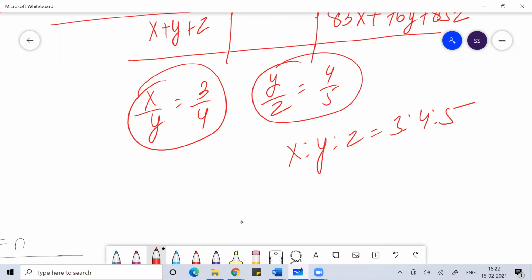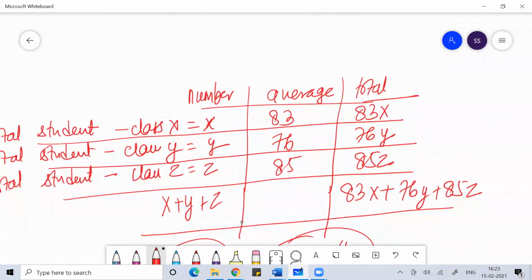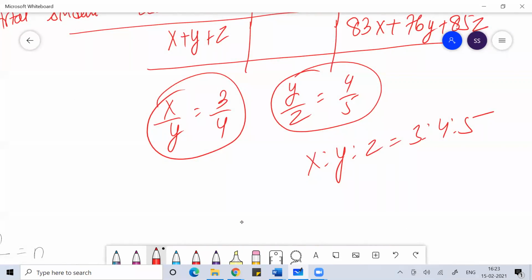That is the ratio you are getting. So the numbers are in the ratio 3 is to 4 is to 5, x is to y is to z.